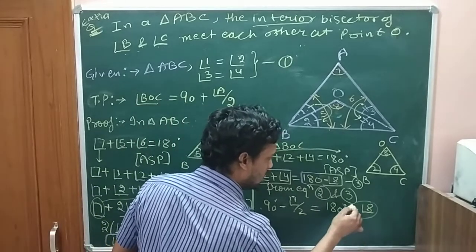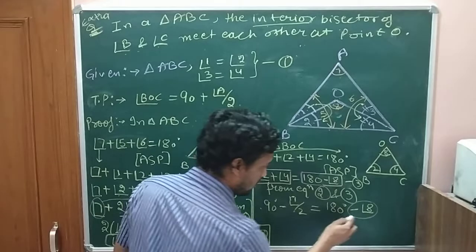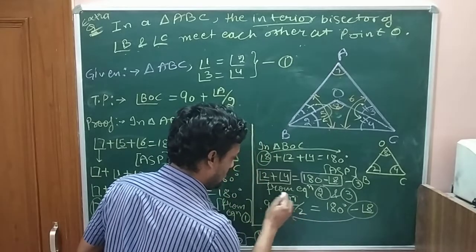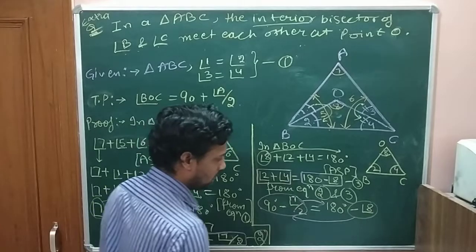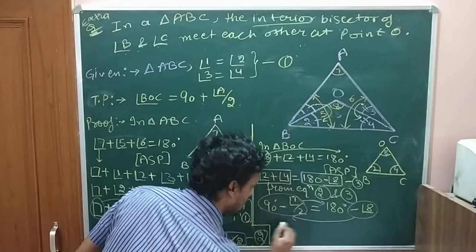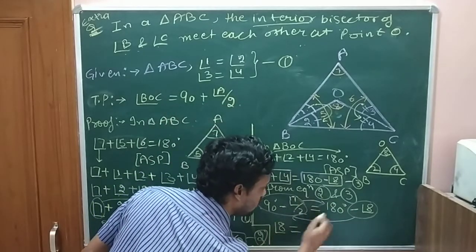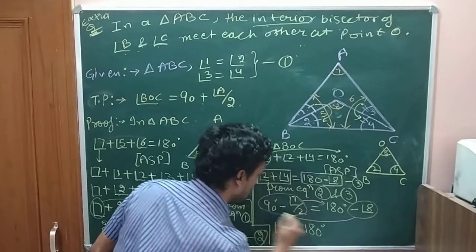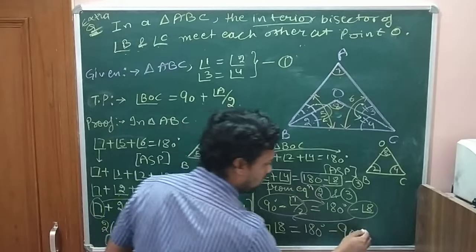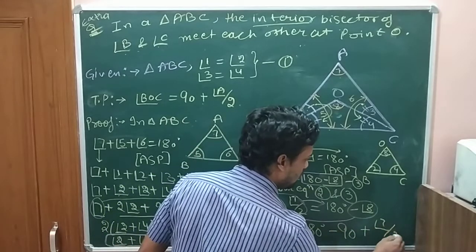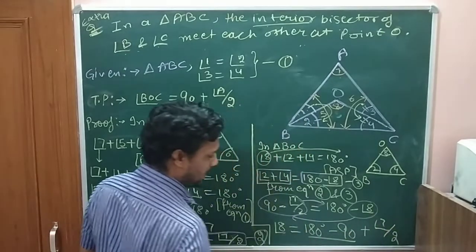Now shift the minus angle 8 on this side, and this on right hand side. So angle 8 on this side, minus angle 8 becomes plus angle 8 equals to 180 minus 90, minus angle 7 upon 2 becomes plus angle 7 upon 2. 180 minus 90, 90.